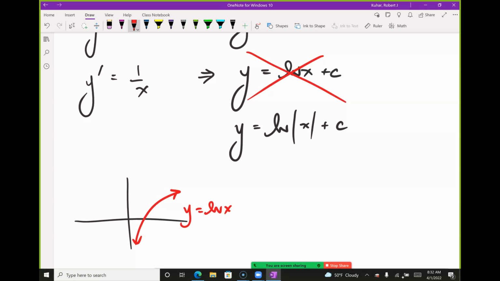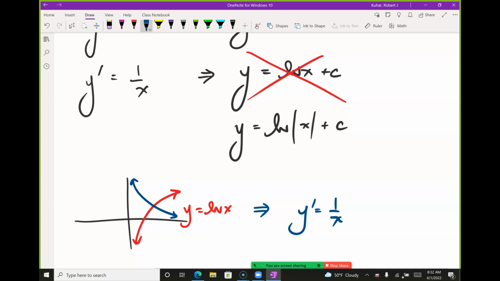I can't put 0 into ln. So when I'm dealing with its derivative, y prime is 1 over x, I don't care about the piece of 1 over x that's got negatives in it. It can't happen anyway. It's not going to give me a slope of ln because ln doesn't exist on that left-hand side of this grid.